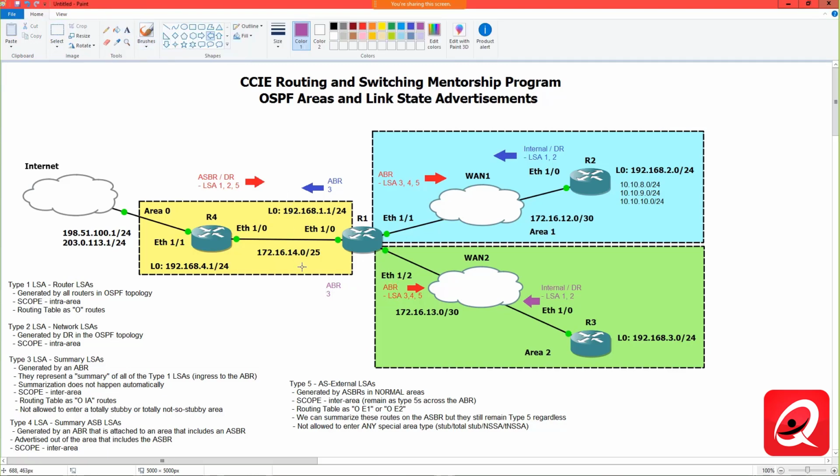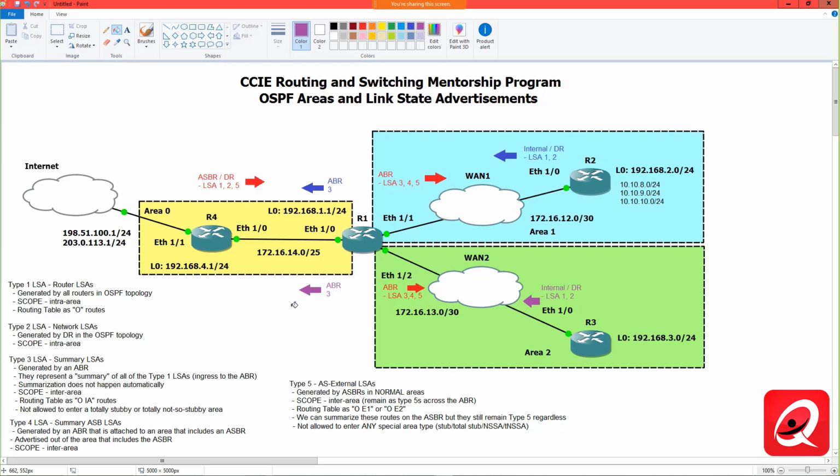Am I missing anything? I think I got everything. What about a type 7? Oh yeah, no, I meant just right now based on what we see in the topology. Did I miss any? Oh well, yeah, of course router 1 is going to be generating its own type 1s as well.